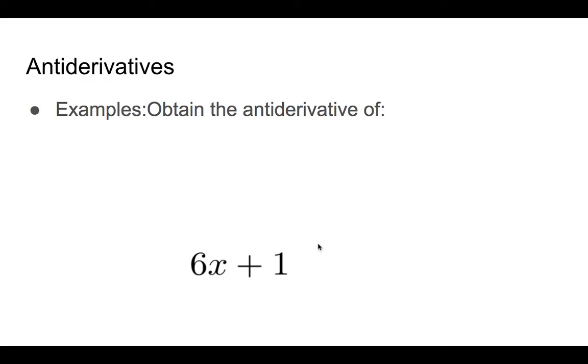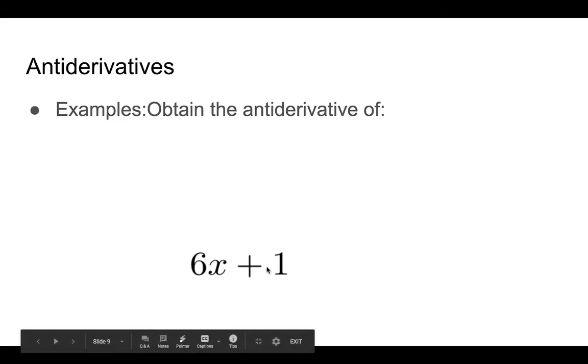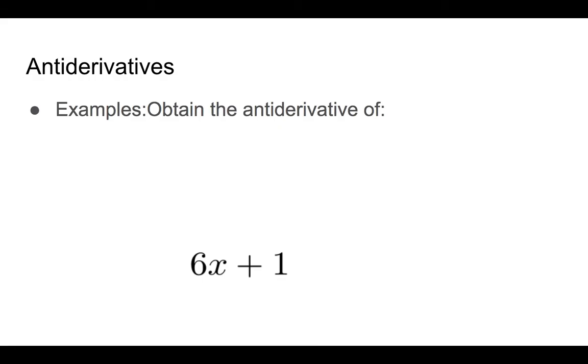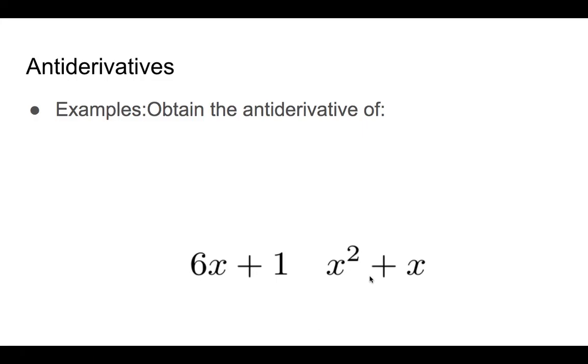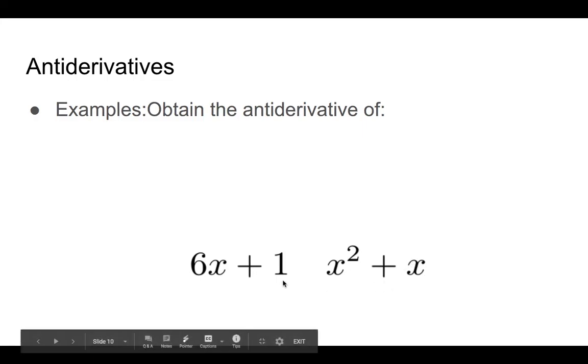What about this one? This one has two terms. It's a little bit more complicated. This part is quite easy. Which functions, when you get the derivative of them, give you 1? Simply x. And x must have come from an x to the 2. But if you try to get the derivative of this one, it will give you the 1 that you need, but this one will give you 2x, which is not what you have.